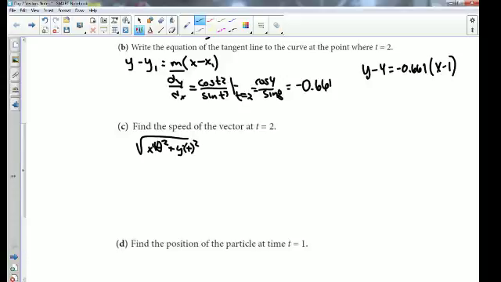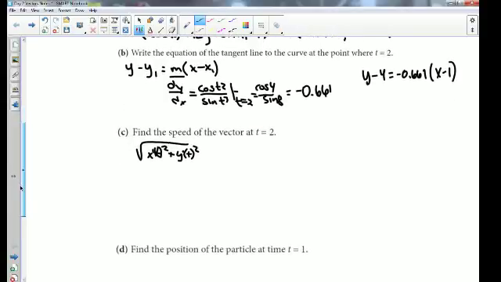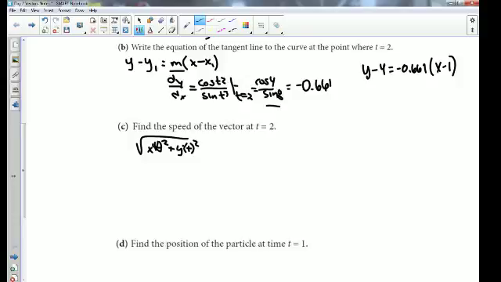So we already have x prime and y prime. And we've already evaluated them actually, haven't we? Yep, they're all squared. So sine 8 squared plus cosine 4 squared. Right, you guys can do that in the calculator, right?